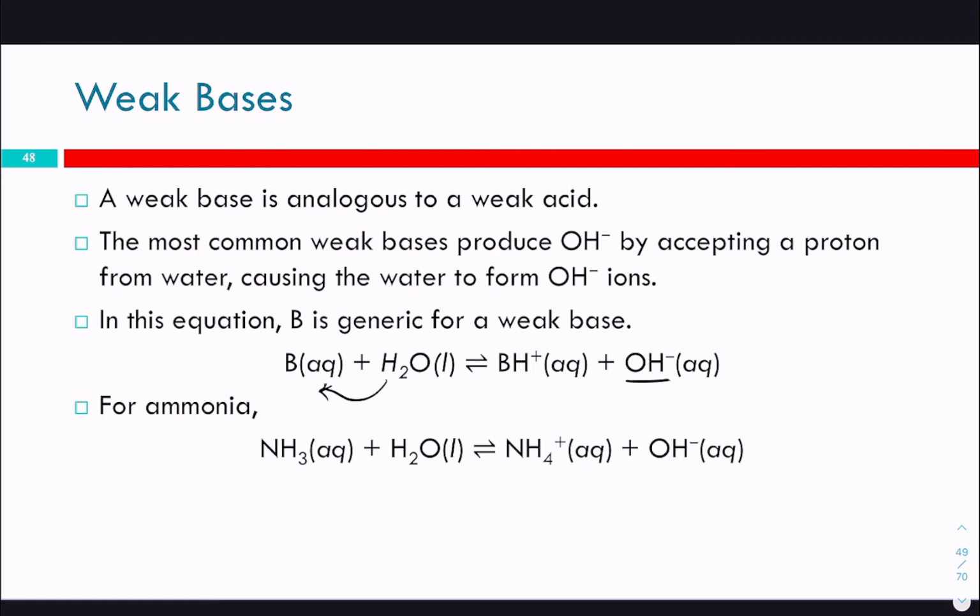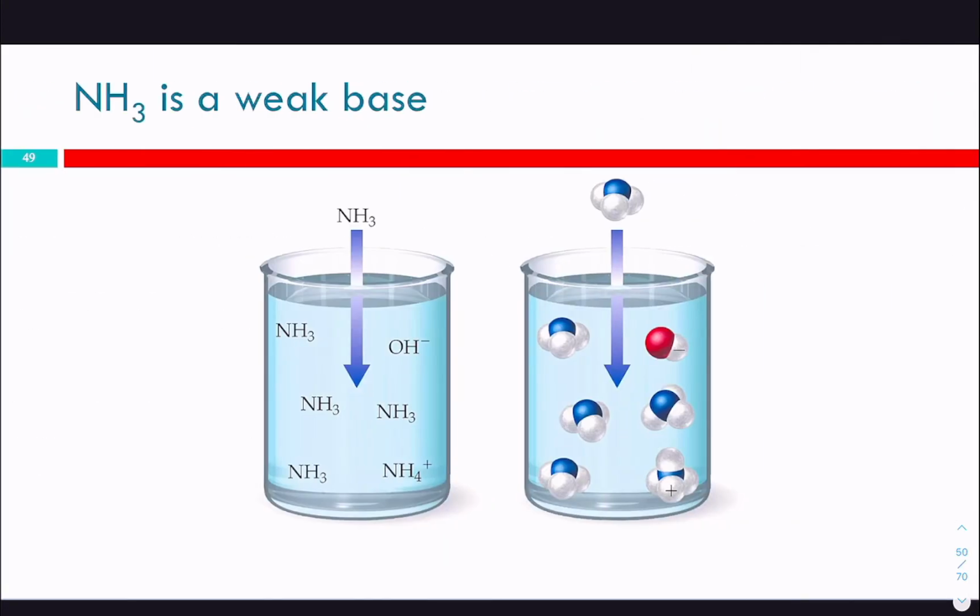And again here, a similar thing. Ammonia takes 1 hydrogen from water to become NH4 plus, and then leaves a hydroxide behind. How many are added there?